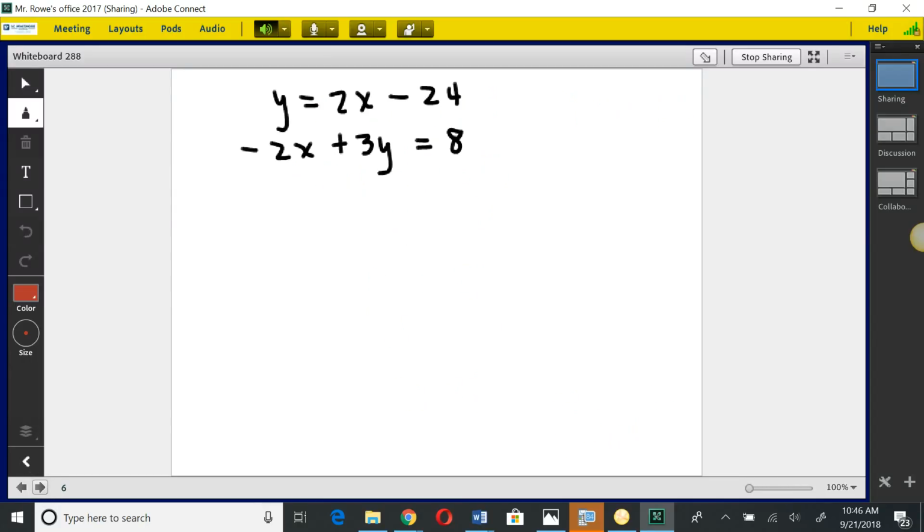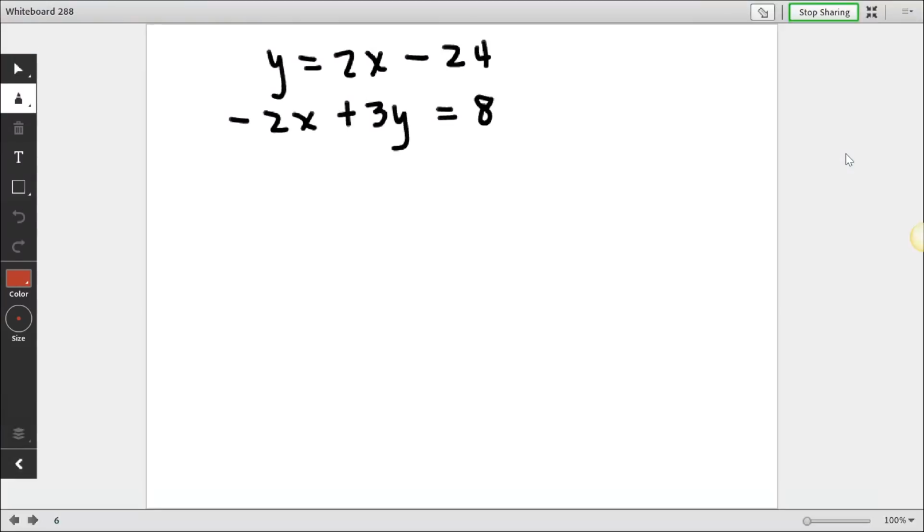And one last example. Now this time the equations are not in the same form, standard form. So what I need to do is write them so that they are in the same form. And let's see what happens. And actually there should be just a little negative sign right there. I forgot to write that.